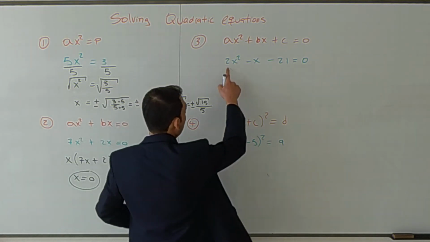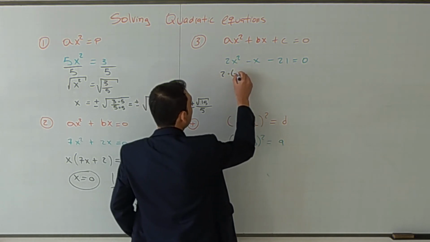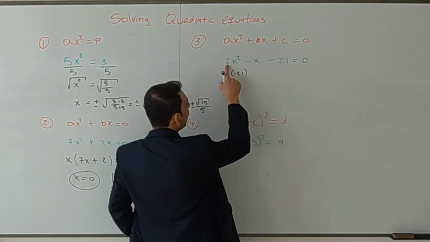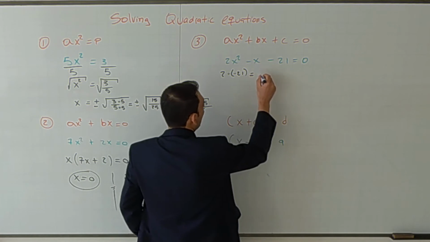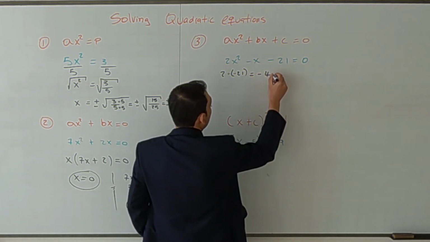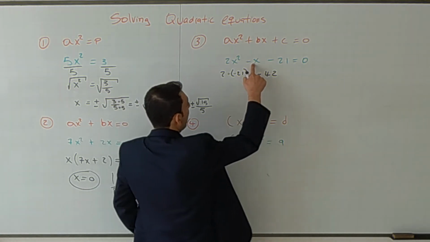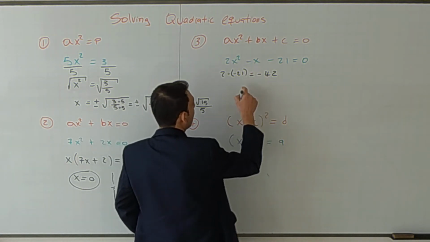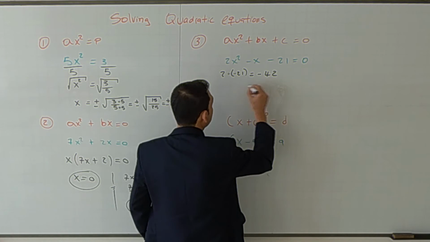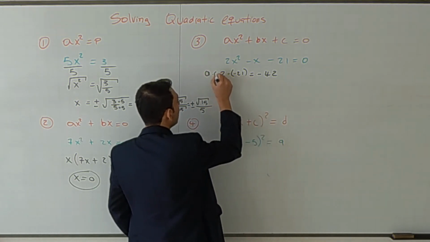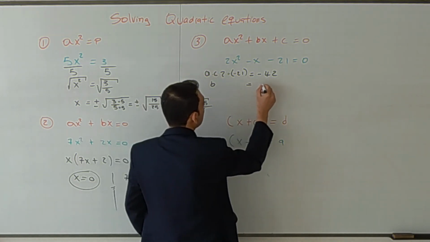Then by the AC method, remember, 2 times negative 21, A and C, is equal to negative 42. Okay? And B is negative 1 over here. This is AC, and B is equal to negative 1.